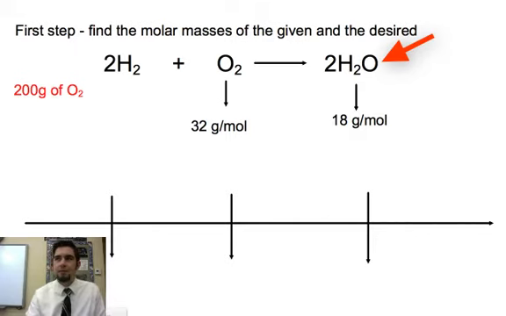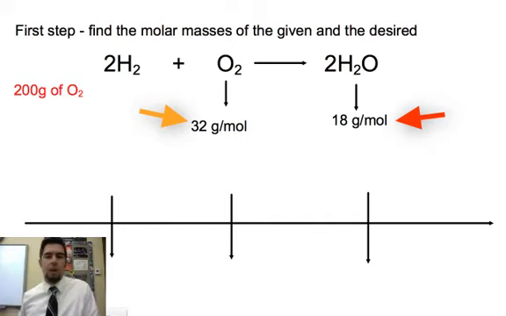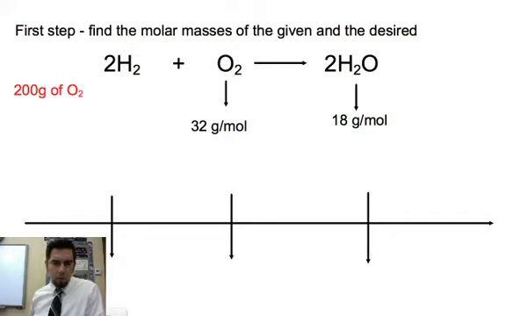I've already laid out the molar masses of each compound. Oxygen gas weighs 32 grams per mole, and water weighs 18 grams per mole. So, we don't have 32 grams, we have 200 grams. That means we have more than 1 mole of oxygen.